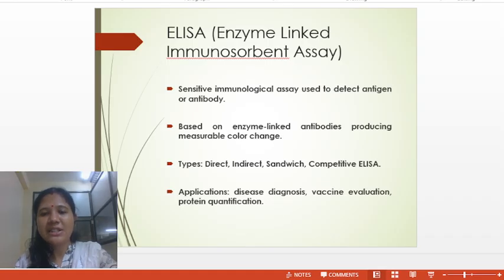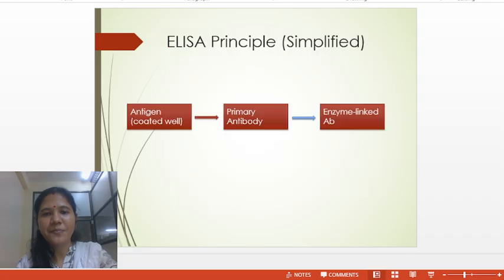It is a very sensitive immunological assay used to detect antigen or antibody based on enzyme-linked antibodies producing measurable color changes. Different types of ELISA are available: direct, indirect, sandwich, and competitive ELISA. Applications of these techniques are disease diagnosis, vaccine evaluation, and protein quantification.